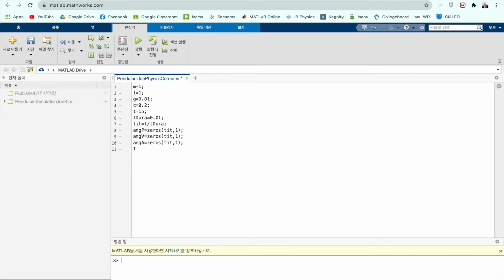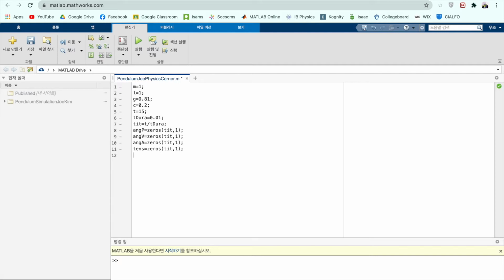And then I'm going to have a variable for tension. That's going to be equal to a column vector with 1500 variables, because that's also a variable that's going to change with time.